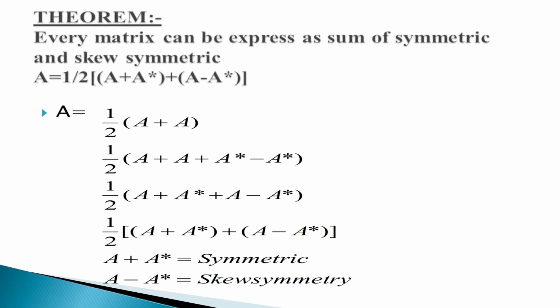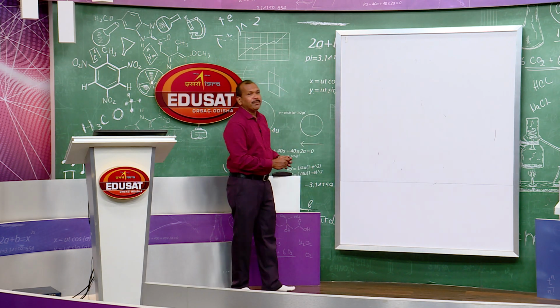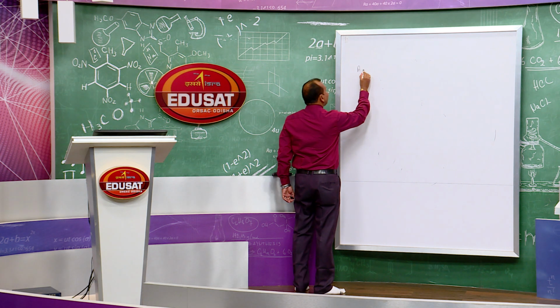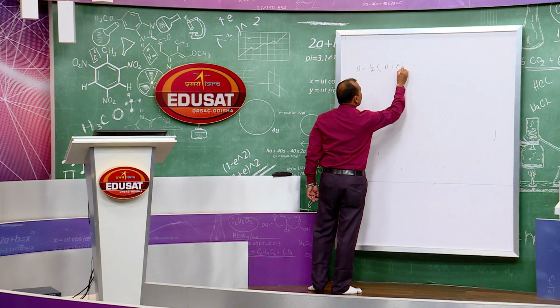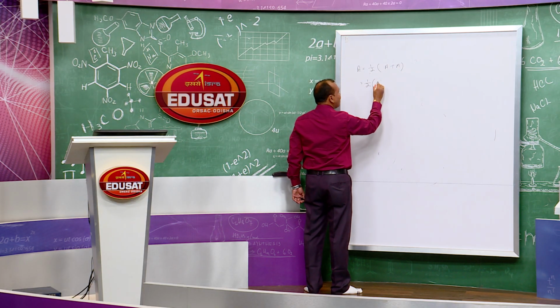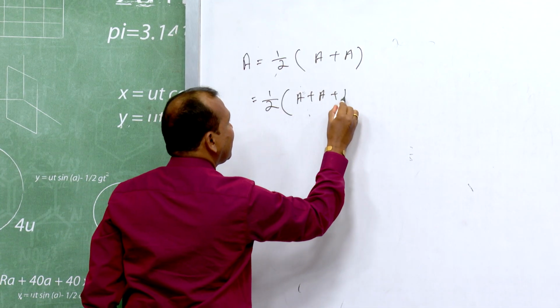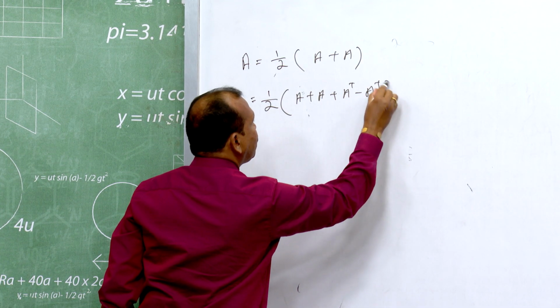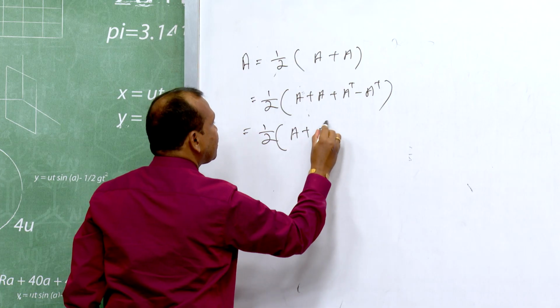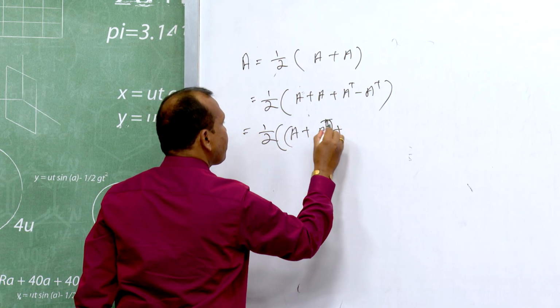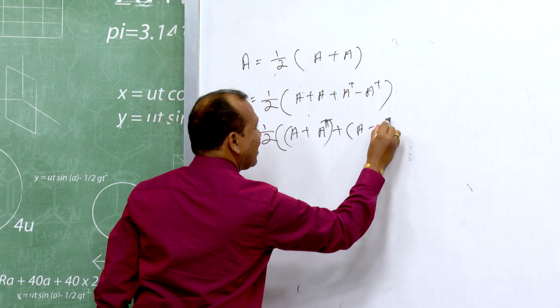Every matrix can be expressed as the sum of a symmetric and a skew symmetric matrix. We prove this theorem. Suppose A is a matrix, then A can be written as half times A plus A, that is equal to half times A plus A transpose plus A minus A transpose.